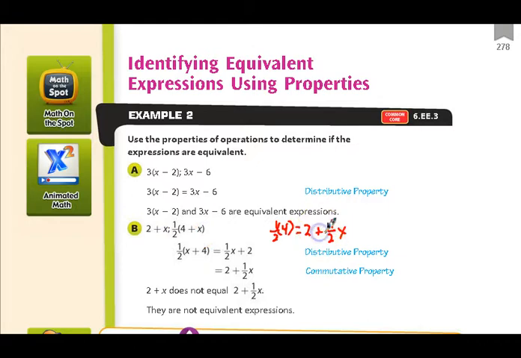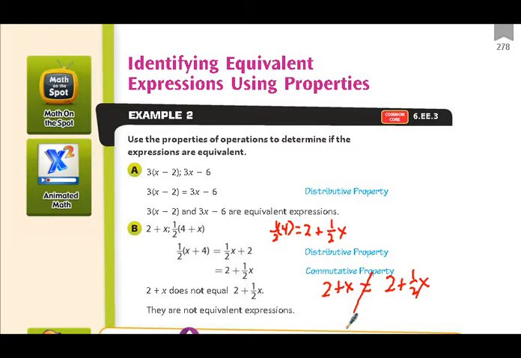So we have 2 plus 1/2 x. So that's distributive property. Commutative properties, we're going to switch that around to where we're trying to line it up with 2 plus x, and we have 2 plus 1/2 x. So 2 plus x, 2 plus 1/2 x. Are those equal? The 2's are the same, but we have x and 1/2 x. Are those equal?